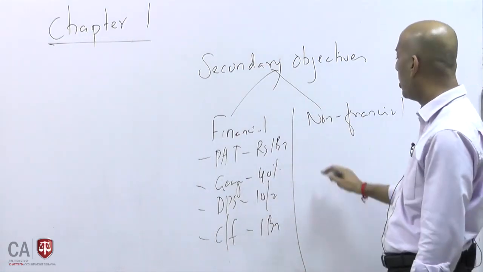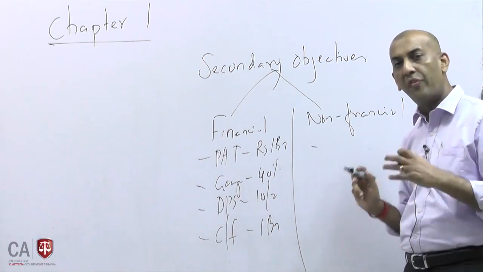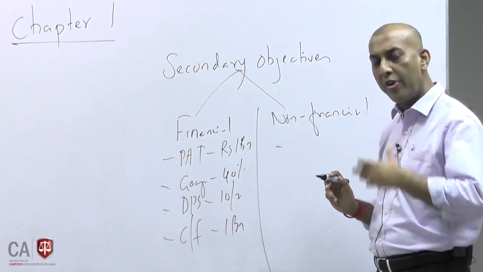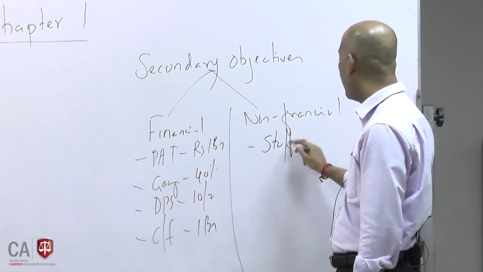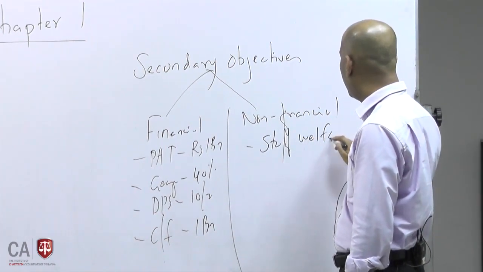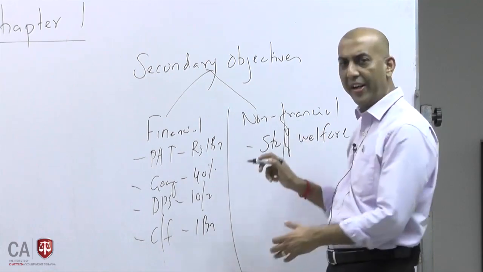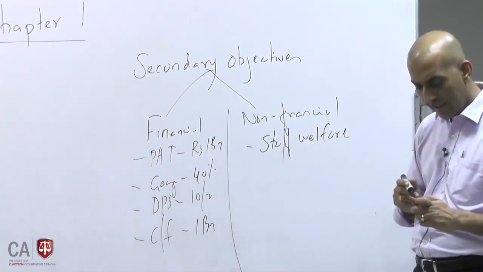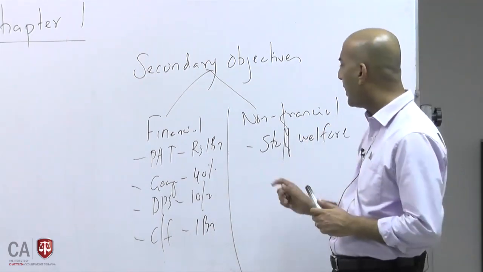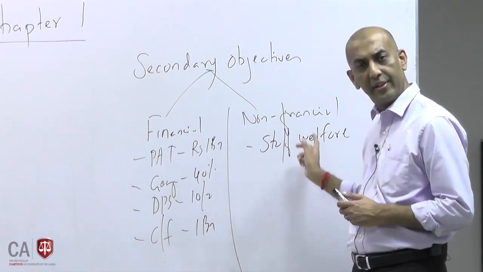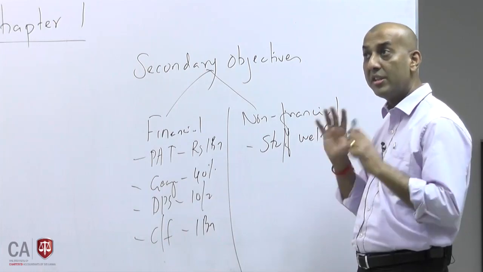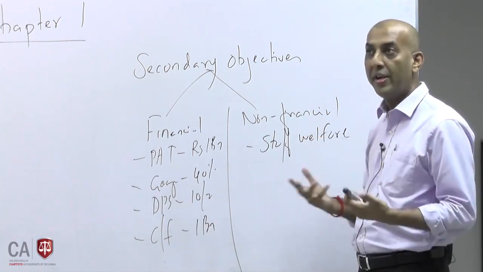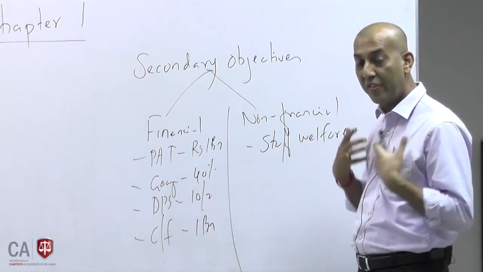What is a non-financial objective? Your company will have non-financial objectives too. You could talk about staff welfare. Actually, this has nothing to do with financial. Your company needs to ensure that staff welfare is looked after. It's not about profits or cash flow, it's about staff welfare. Each and every employee in the company feels that this company looks after me very well.